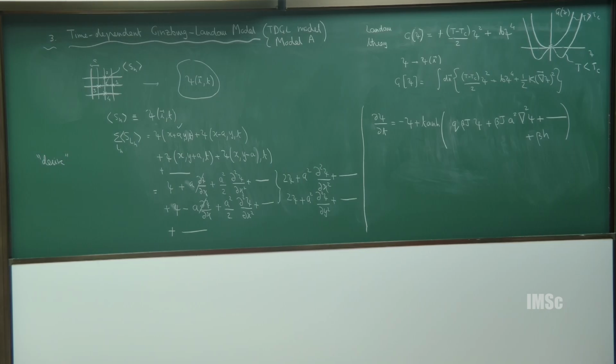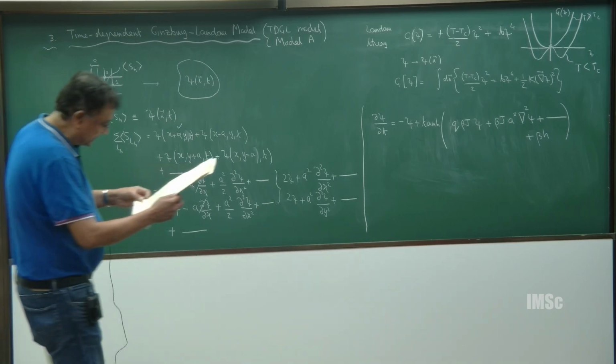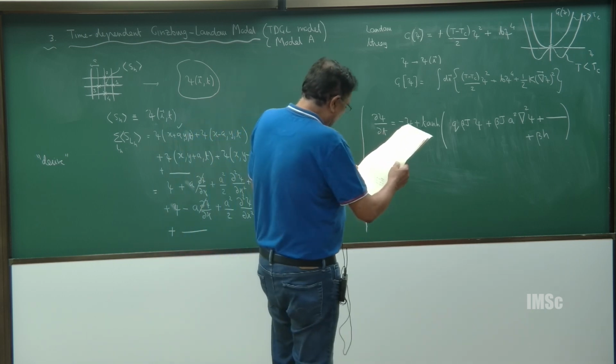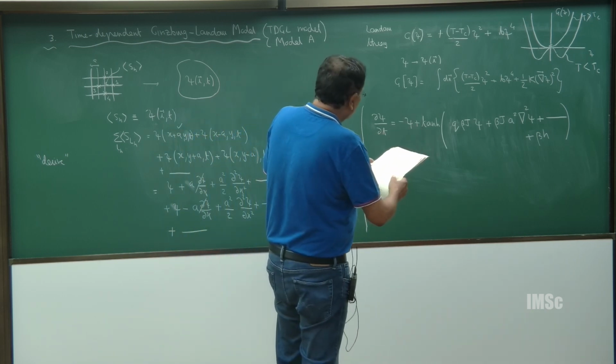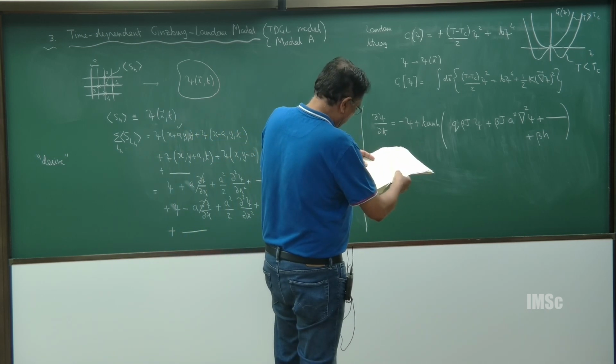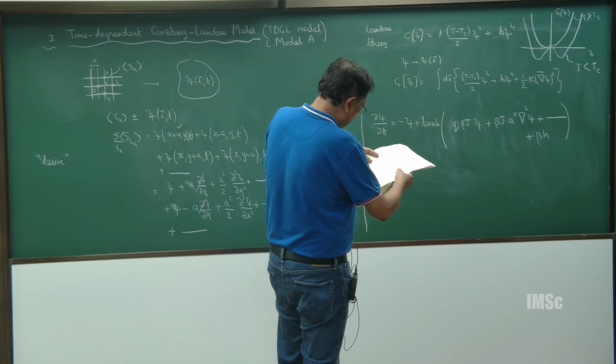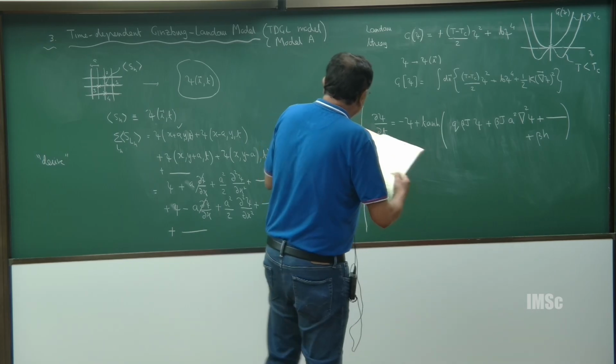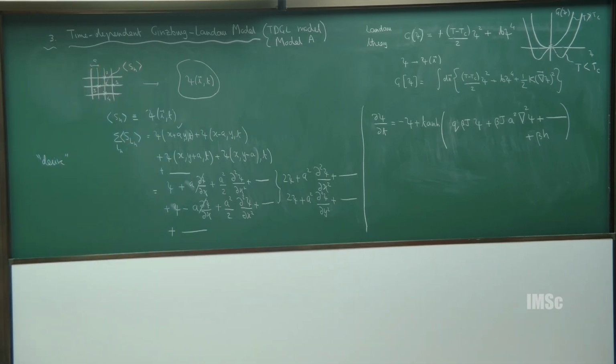Okay, so let's do the last bit of approximations and take it into the continuum form. Let me make sure I've got all the terms correct. Oh, I need another page of my notes.